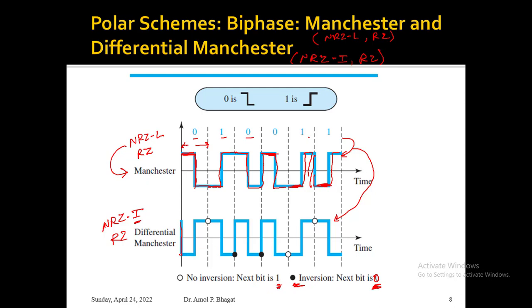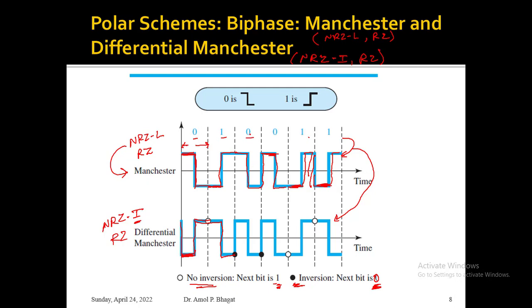So the signal starts from here. As the first bit is 0, it is represented here, and the signal will always return to 0. As you can see, the next bit is 1, and for 1 there is no inversion, so the signal will continue here, but again it returns to 0, right?